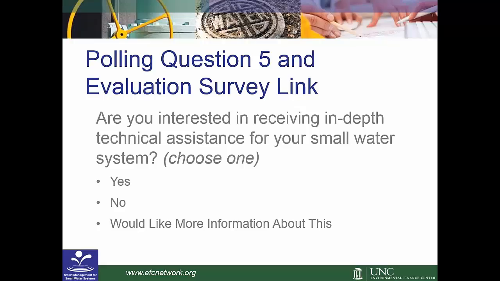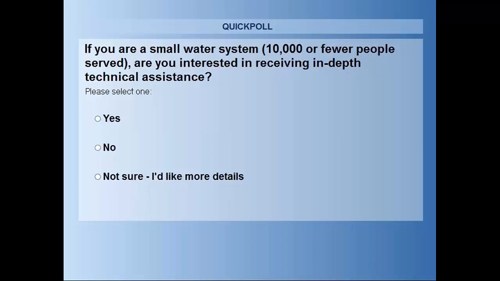And we mentioned the free direct technical assistance available to small water systems serving 10,000 or fewer people as part of this project that goes through the end of January of 2017. We're going to have another phase to the project that goes through the rest of 2017, actually following right on to this one.